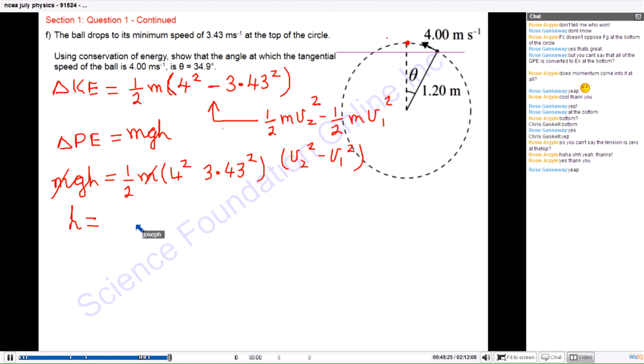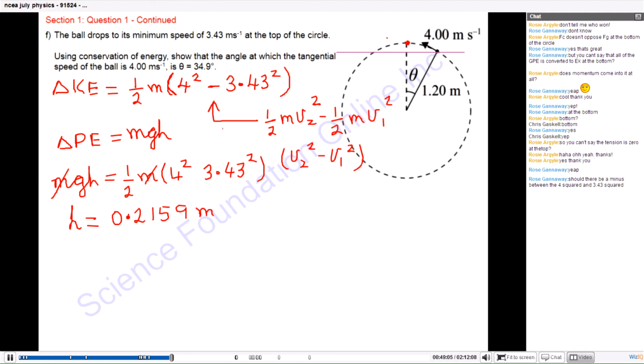So we divide it by 2. And then you divide by 9.81, which is what they told you to take G as. And that gives us 0.2158, and we can get the final answer correct then if we don't reduce significant figures too much. 0.2159 in fact. Meters. That's this height difference here.